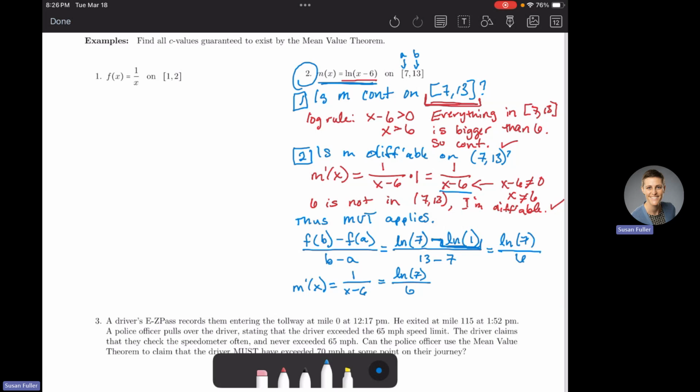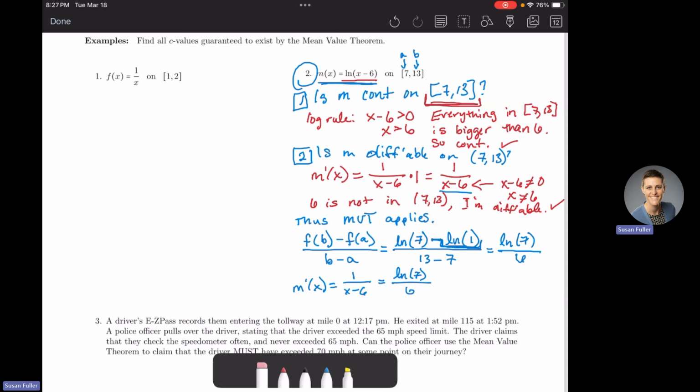And now I have to solve this for x. Now, this can be a challenging thing to do. You can either cross multiply if that's in your repertoire. I don't like to cross multiply because I think it can get confusing between that and regular fraction multiplication.